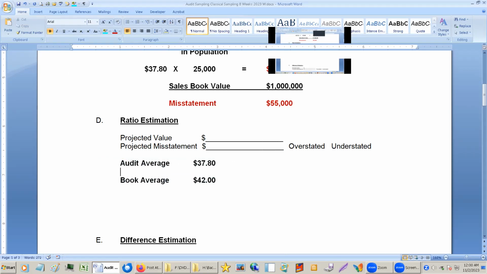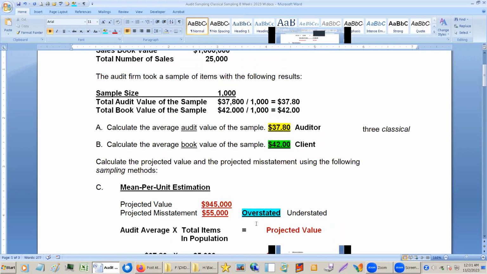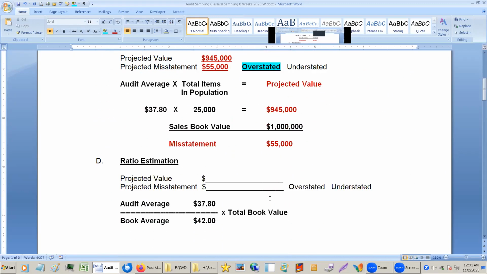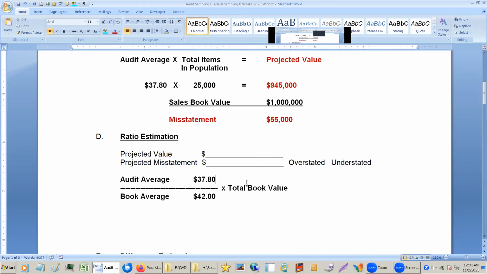We're going to divide these. This will be the ratio. And we're going to take that and multiply it by the total book value, which in this case is $1 million. Yeah, total book value is $1 million.